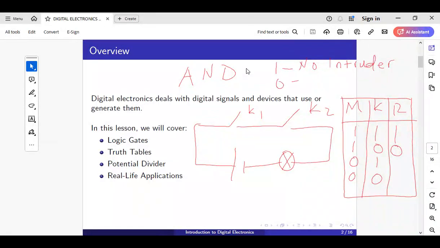Hope you are following. So what happens if I open the main gate and close the Kabanyolo gate?